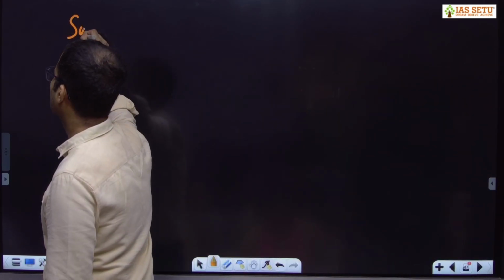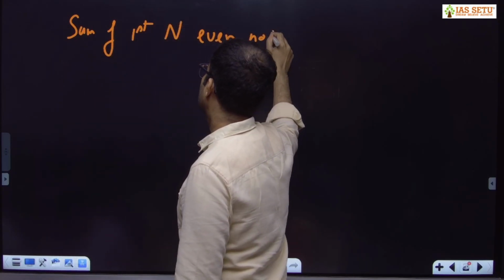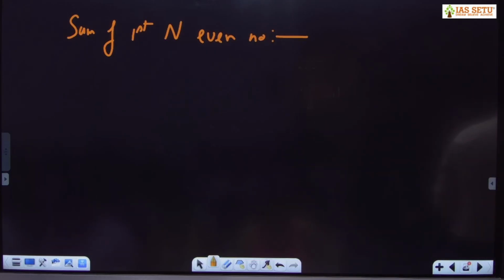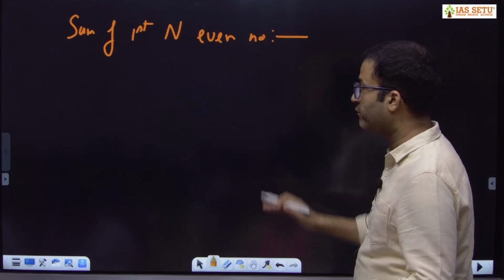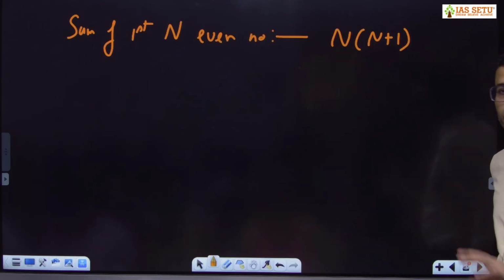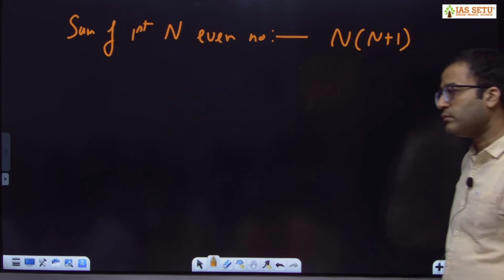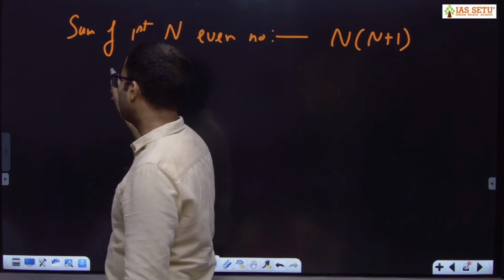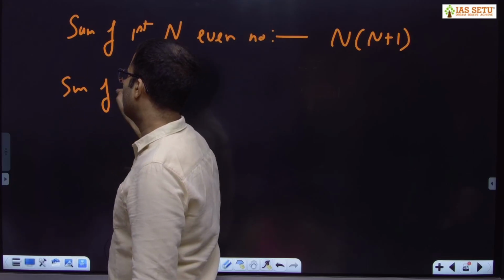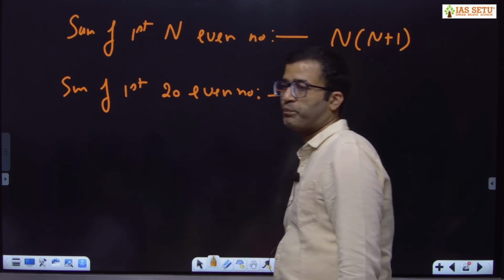Next. Sum of n even numbers. The formula for the sum of n even numbers is n into n plus 1. There is no denominator. n into n plus 1. By this I mean 2 plus 4 plus 6 and so on. Tell me what is the sum of the first 20 even numbers.